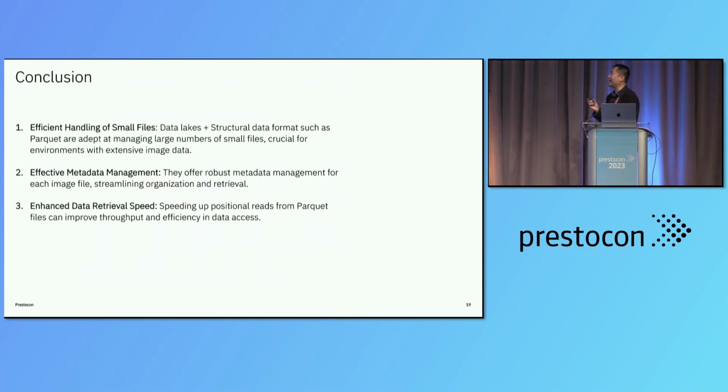And also, I want to jump to the conclusion quickly because of the experiments we performed.